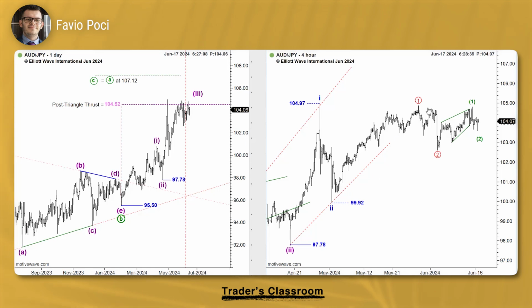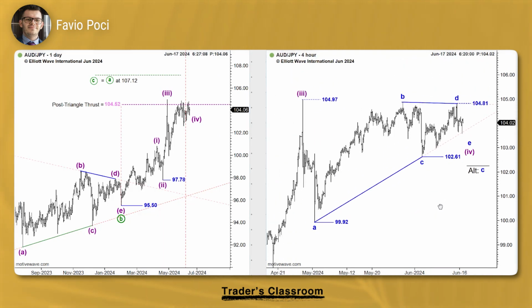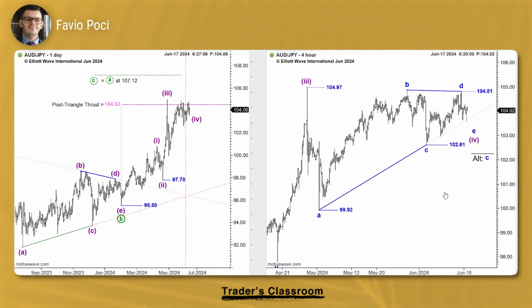And what I did is consider wave 3 to have peaked, allowed for an overlap in wave 4 triangle here, A, B, C, D, E. So we are ending a triangle wave 4, and that is okay to have an overlap in the A position of the triangle.